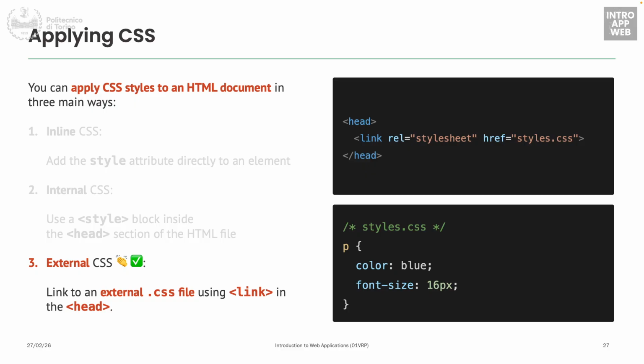Okay, so let's try to integrate CSS in our very simple HTML so that I can explain all of the definitions of CSS by directly showing you how it behaves, okay? So how do I apply the CSS to an HTML document? As I told you before, on the one hand, we will have the HTML document. On the other hand, we will have the CSS files.